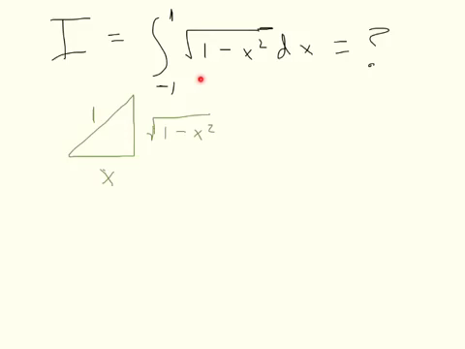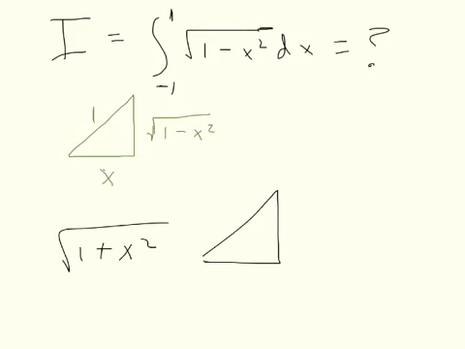If it were the square root of 1 plus x squared, then we'd have a 1 here and an x here, and this side would be the square root of 1 plus x squared. But we have a minus, and so there's a 1 here and an x here, and the length of this side is the square root of 1 minus x squared.